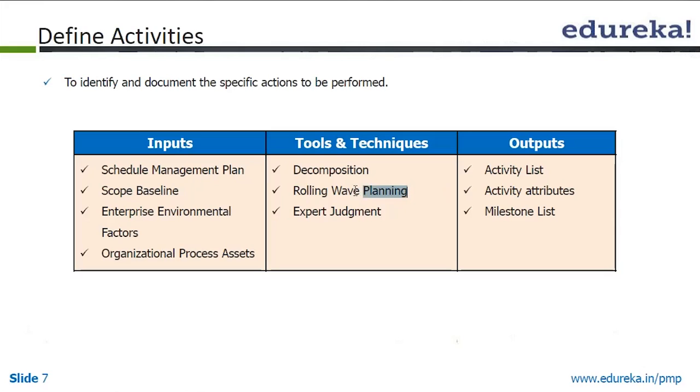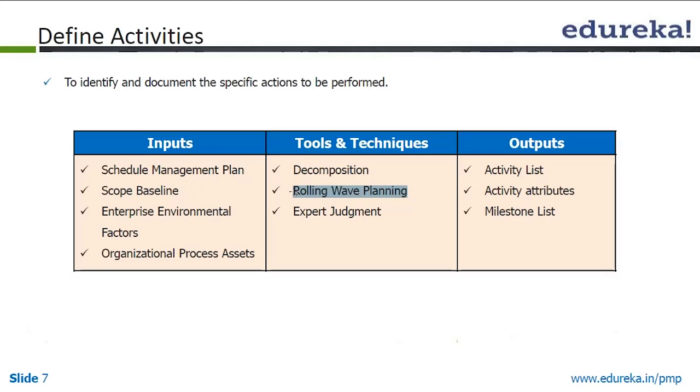Now rolling wave planning, we have seen here also: whatever information we have in detail, we will plan the detailed activities for those. The areas where we don't know what is going to be required, those activities will not be detailed out, but will be put in a summary. As and when we start knowing more, we will detail that out.